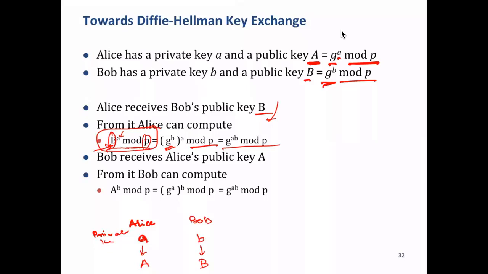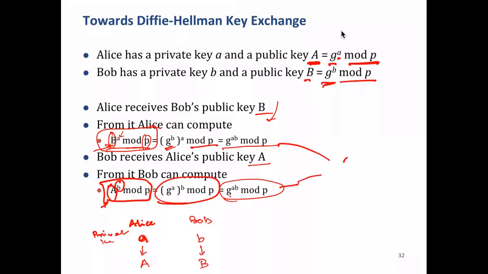Similarly, Bob receives public key A. This Bob receives as a number, and then he uses b, his own private key, which he knows. So he can always do A raised to the power b mod P, which, by this derivation, is G raised to the power ab mod P. So now these two are the same, which means both of them have the same key.